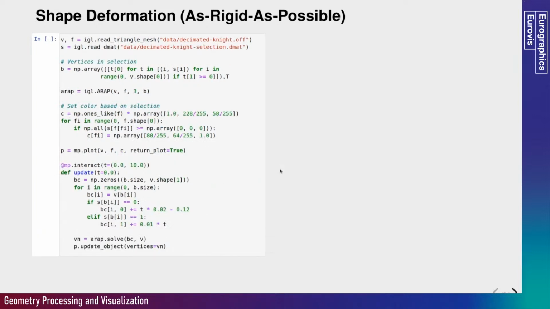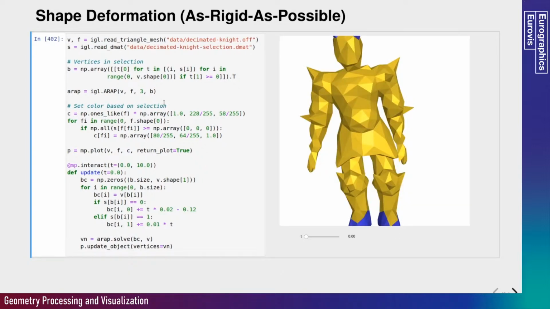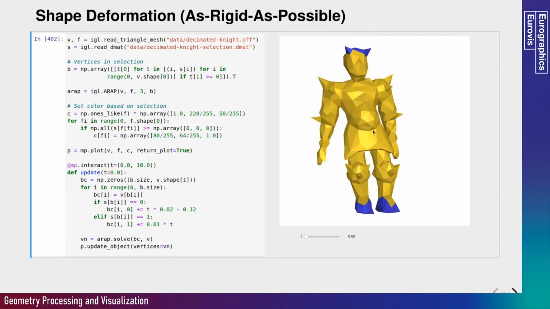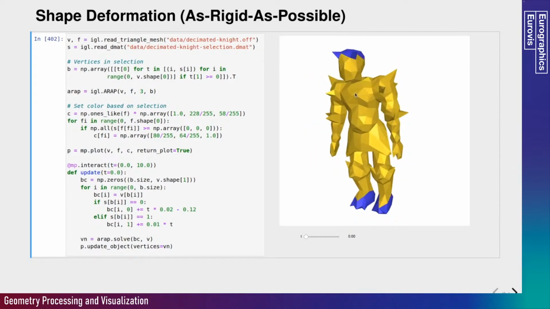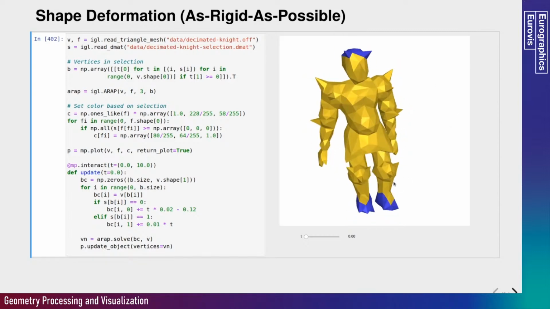So the next approach for shape deformation is as rigid as possible shape deformation. And again, let's first run the animation. So here we have this knight model with 3 different selected regions. We have selected the 2 feet as well as the head, which are colored blue here.